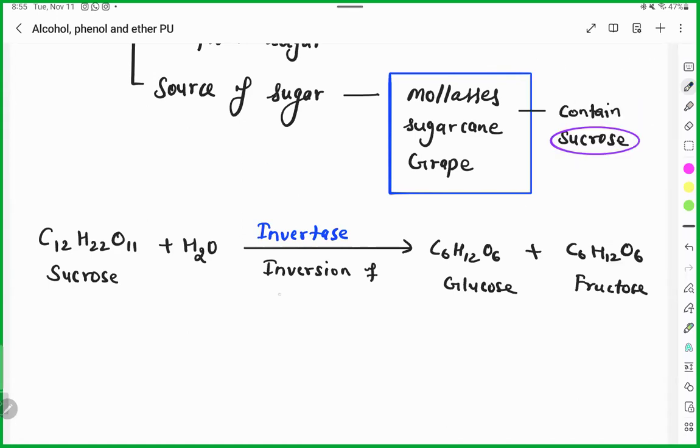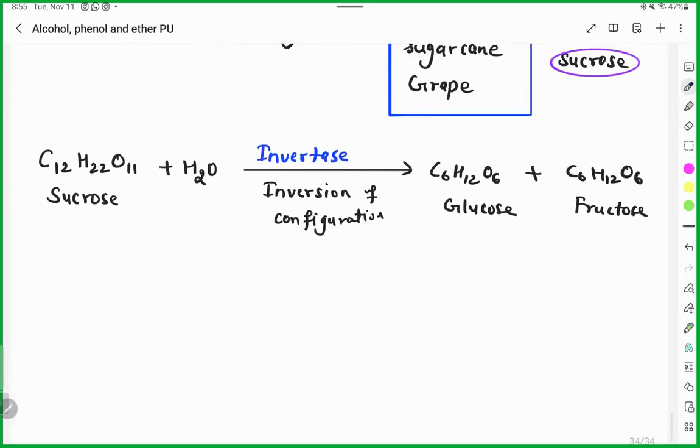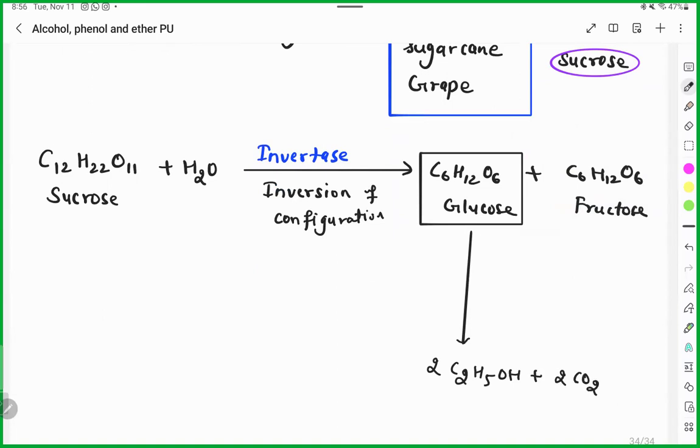Now this glucose will further break down, and this was given in your 10th class also, in the respiration chapter, right? Glucose can produce two molecules of C2H5OH, ethanol, and carbon dioxide, CO2. Tell me, can you see oxygen anywhere in the whole process?